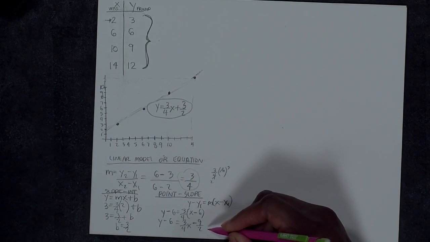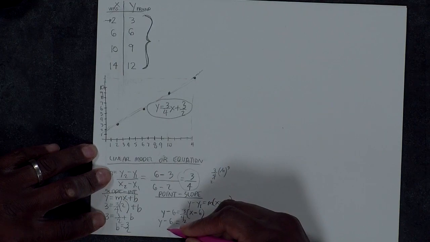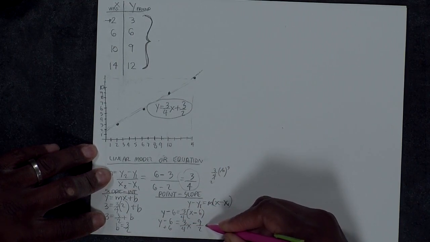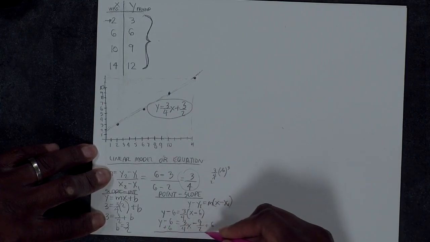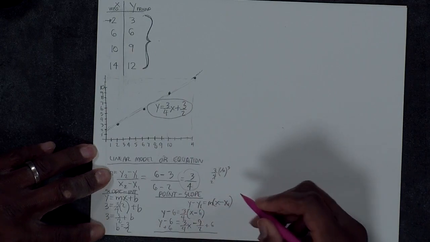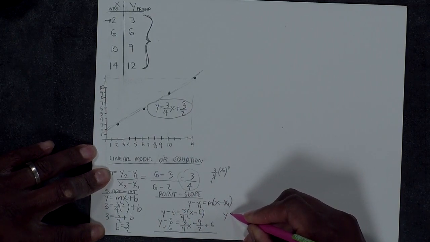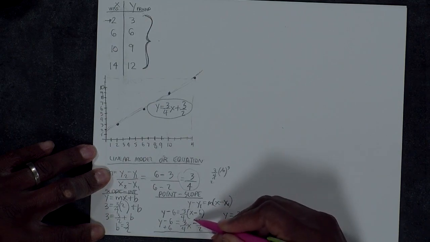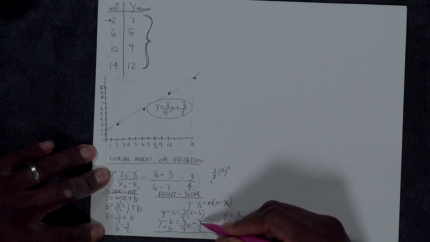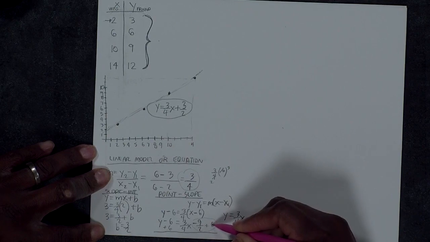So then you add the 6 to both sides, and you end up with y is equal to 3/4 x, and then you have the result of negative 9/2 plus 6.